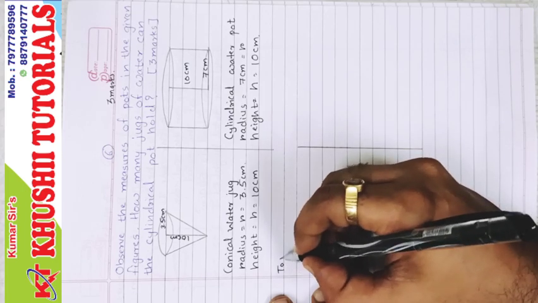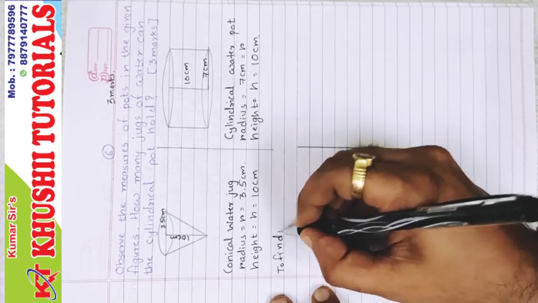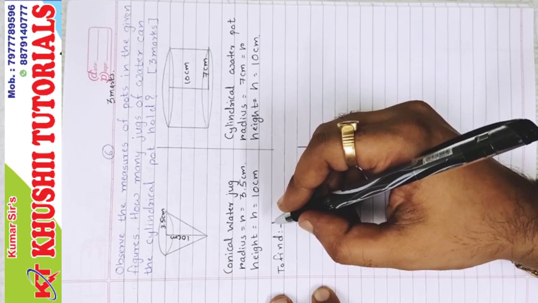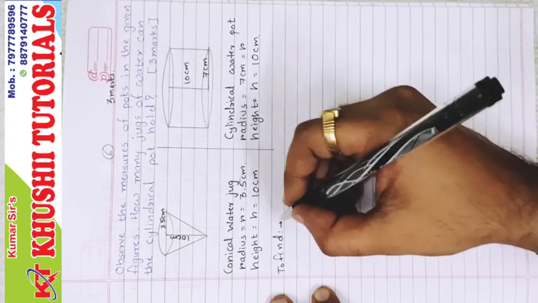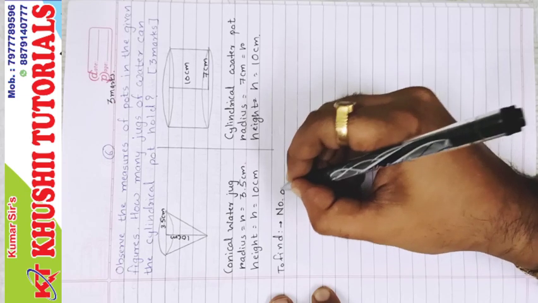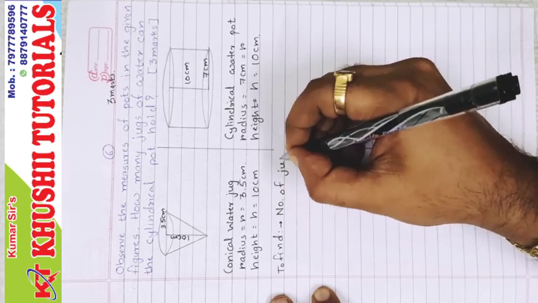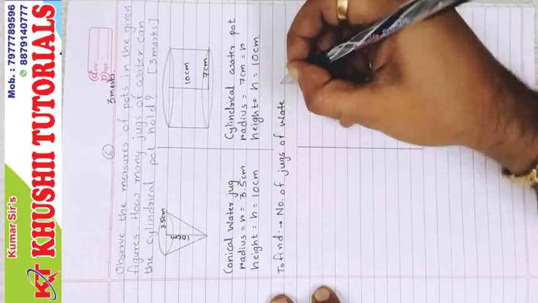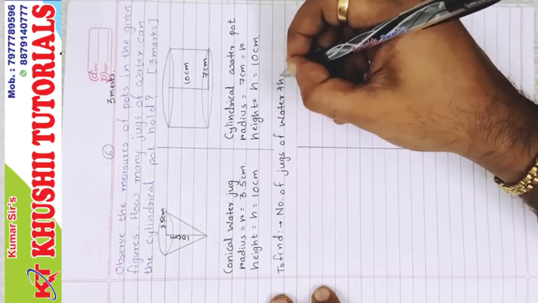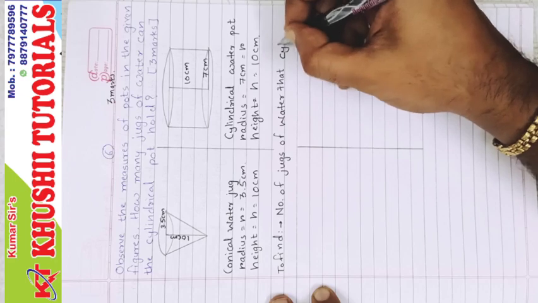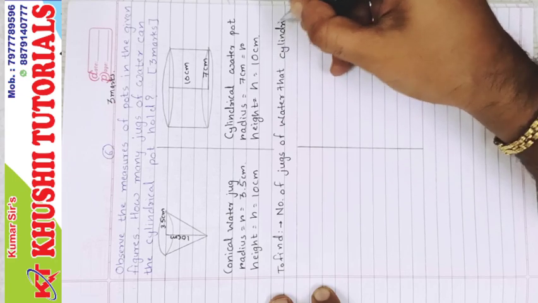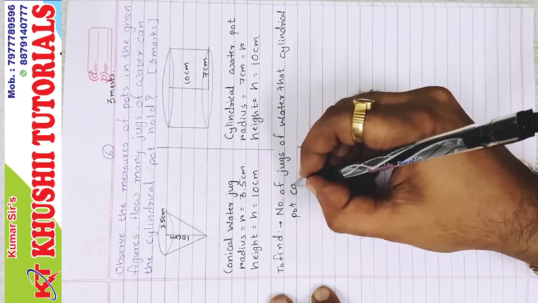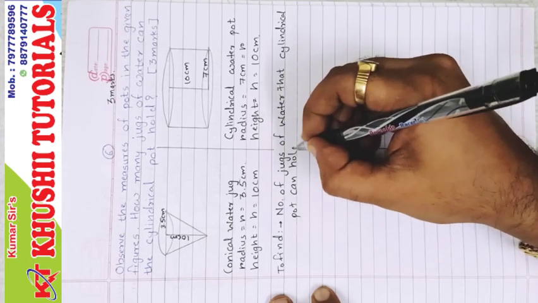To find, what we need to find? The number of jugs of water the cylindrical pot can hold.